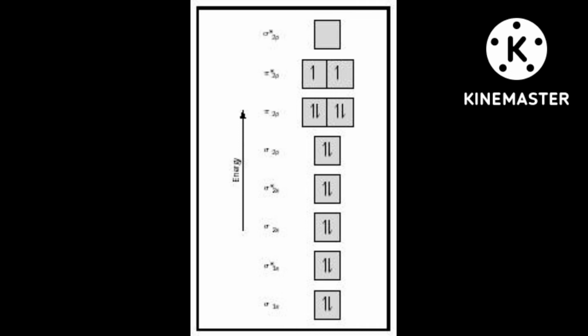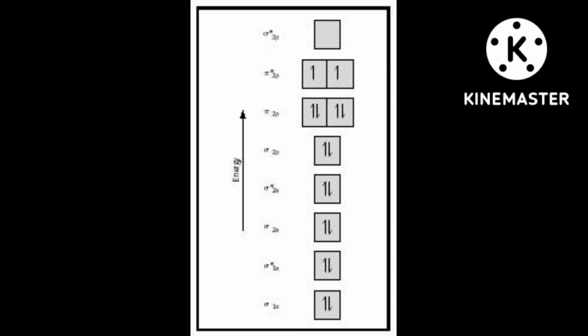And here very important things I am going to tell you, that anti-bonding molecular orbitals, already in the last class I have sent the diagram. They will be up, and bonding will be down. Down means less energy and more energy means up.